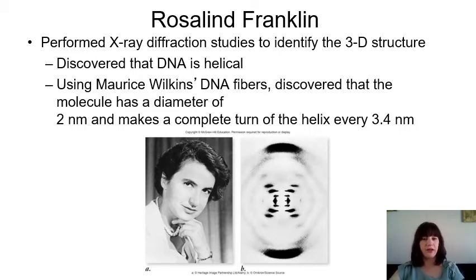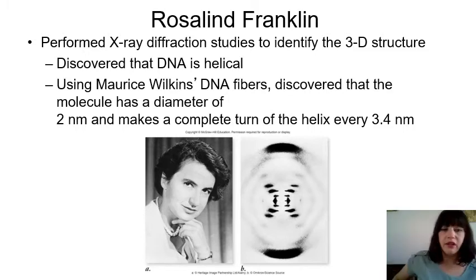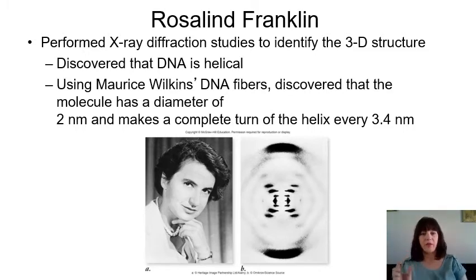And she collaborated with some other scientists performing X-ray diffraction, and she found that the diameter of DNA is 2 nanometers and kind of the height of one complete turn of the helix. I don't expect you to memorize this data, I just wanted you to make a note because she often gets overlooked and did get overlooked in terms of recognition for this work.